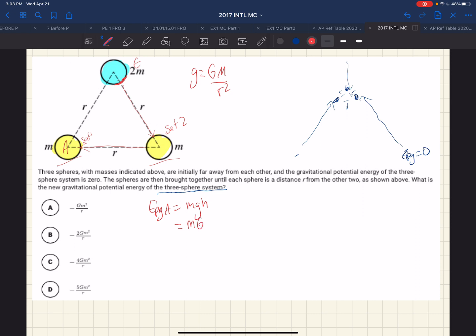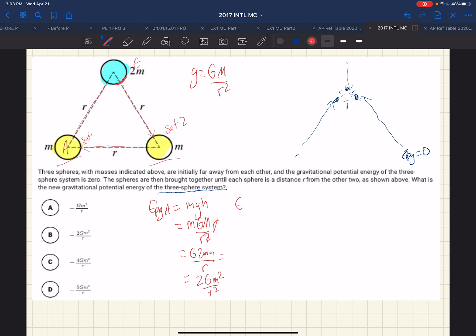So we have big G, big M over r squared, and the height, in this case, is r. That gives us G times, and now the big M is 2m, times m over r, or 2Gm squared over r.